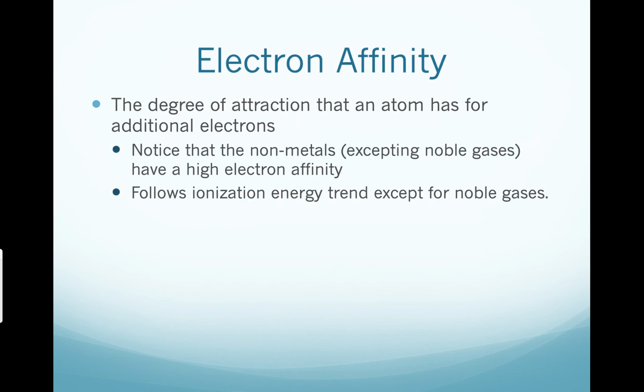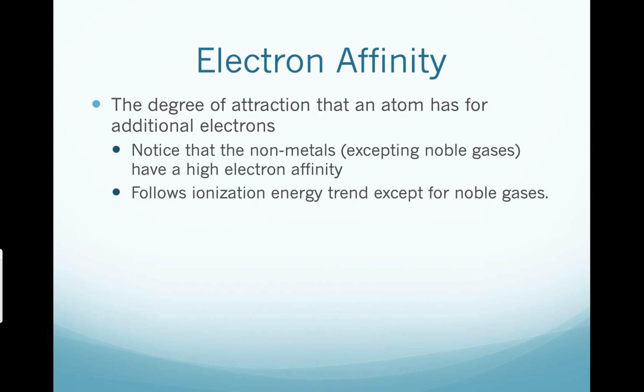All right? Electron affinity, also saying that as you move to the right and as you move up, elements have a stronger affinity for electrons, which means the degree of attraction that an atom has for additional electrons. So again, its strength of attraction for electrons is stronger as it goes right.